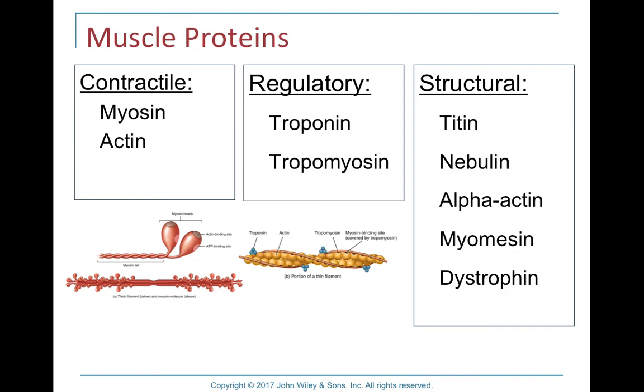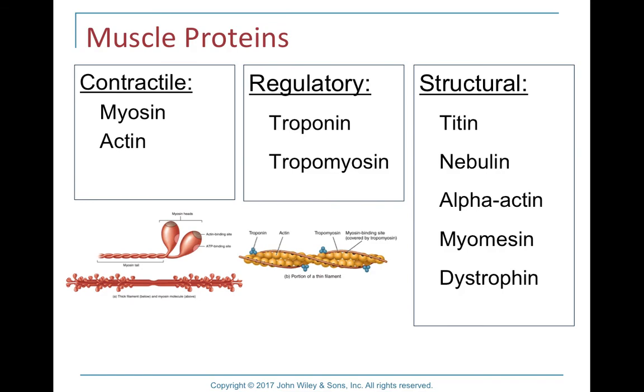We have titin. Titin is from the Z disc to the M line of the filament, and it will stabilize thick filaments. It helps the sarcomere return to its resting length after a muscle has been contracted or has been stretched.